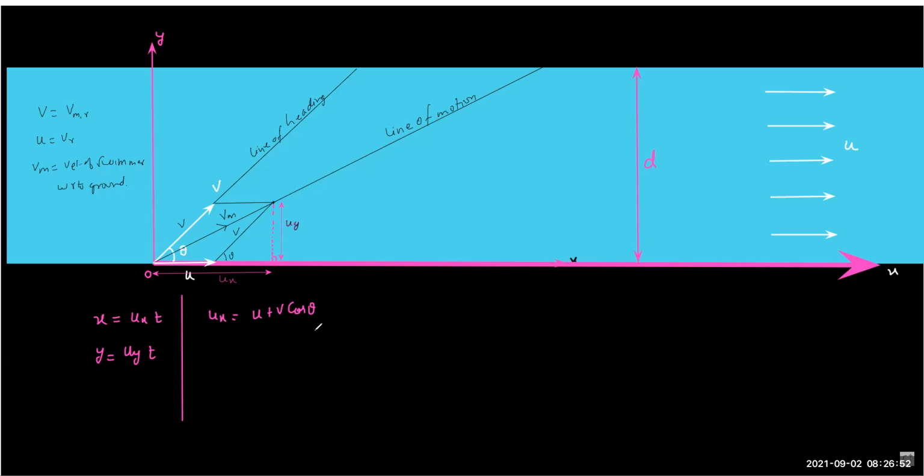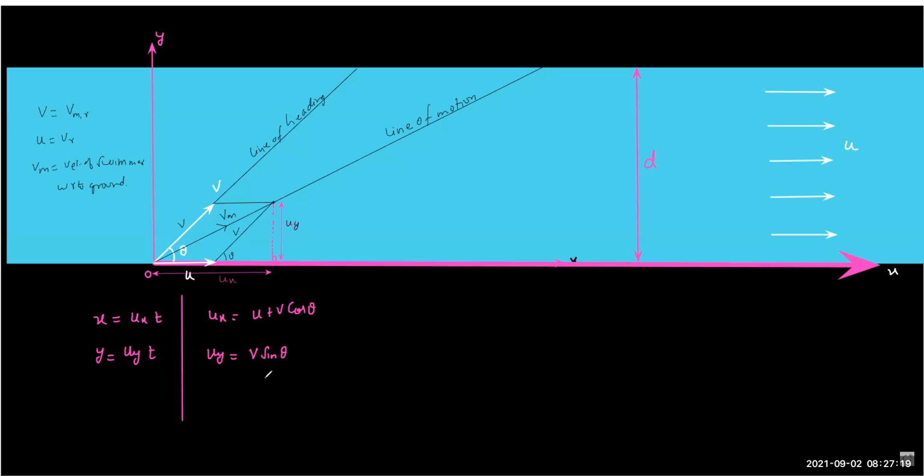So u will be there, and you can take the component of v, add these two together, you get the ux. But what is uy? V sin theta. So it is only v sin theta.